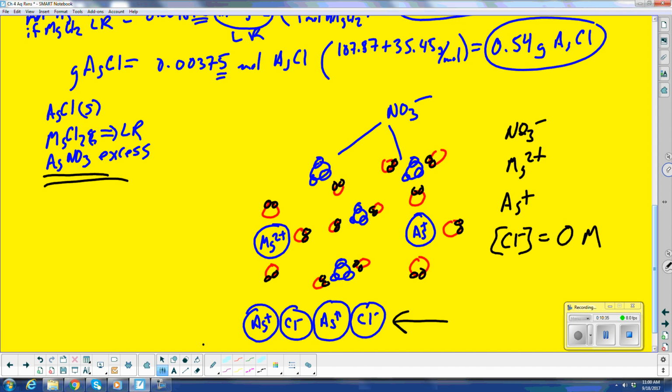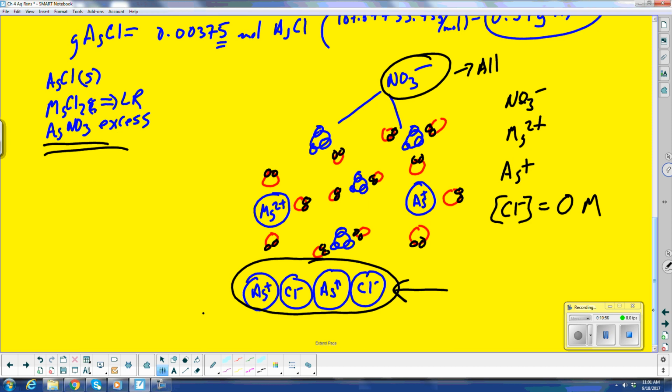Now, here's my question. How much of my original nitrate stayed in solution? Well, I see no nitrate down here in my precipitate, so I'd say all of my original nitrate is still in solution. Well, what was my original nitrate? Okay, so what did we start with?